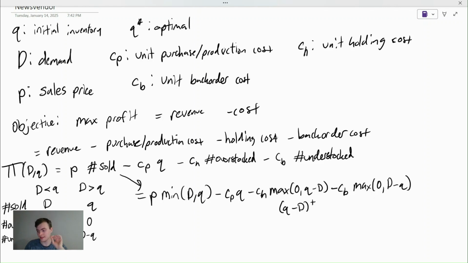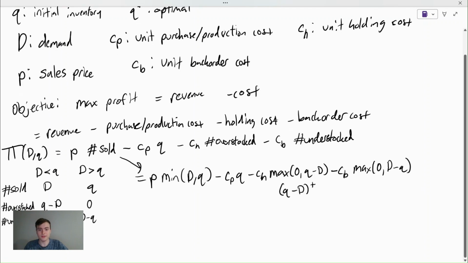And so this is a little bit of a complicated function because of this thing. We have minimum of D and Q, so a random variable and a constant. Q could be greater than D or less. So this thing is a little difficult, right?